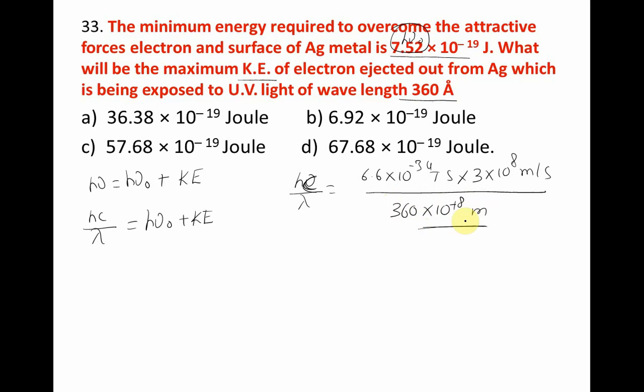Now solve the problem. So what is the value you are getting? We will get almost 7.52 into 10 to the power of minus 19 joules.